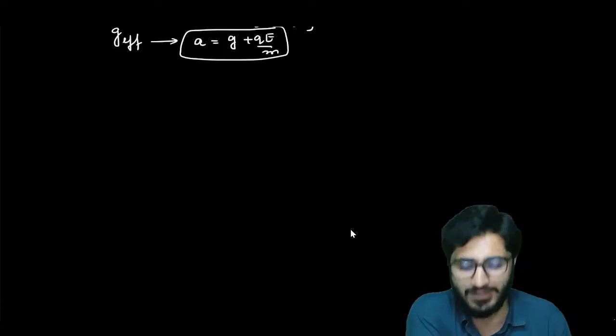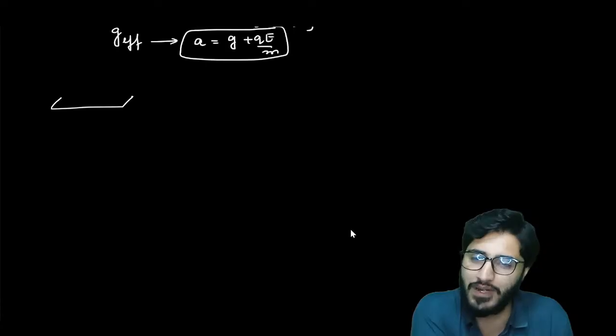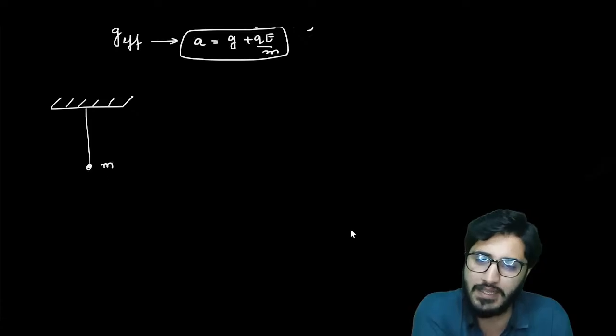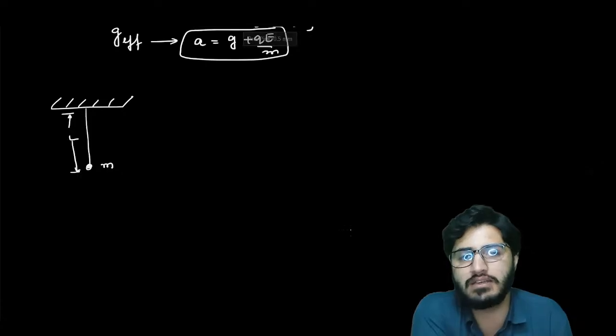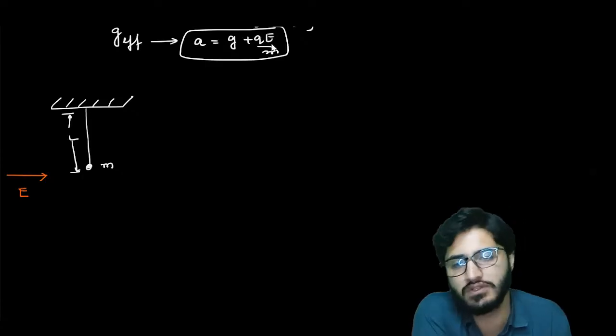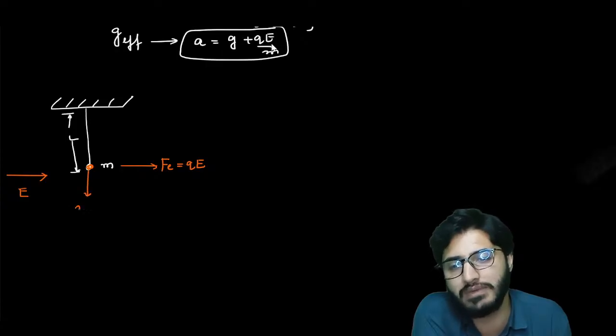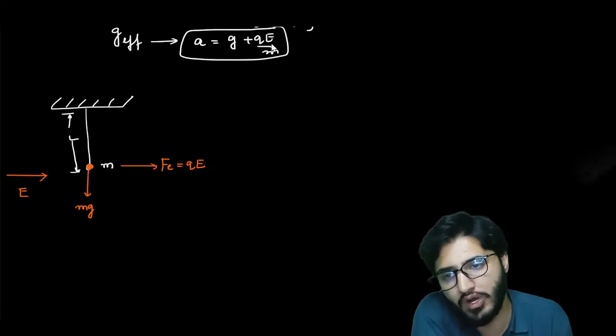If we have my pendulum in this way with mass m and length L, and we apply an electric force in this way, this bob will face an electric force Fe equals qE to the right, and mg downwards. So on the single body we have two forces.